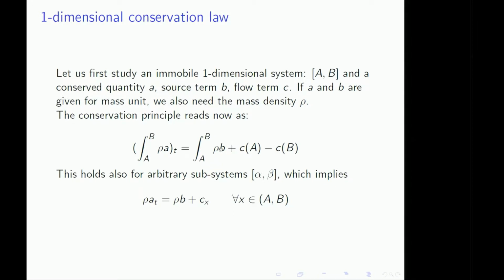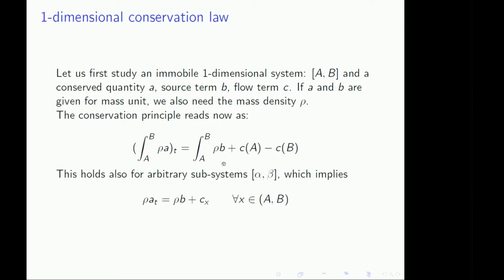B is the difference of source and sink, so it can be both positive or negative. So it's the source term in the volume and then the boundary term: flow on one boundary, another boundary.